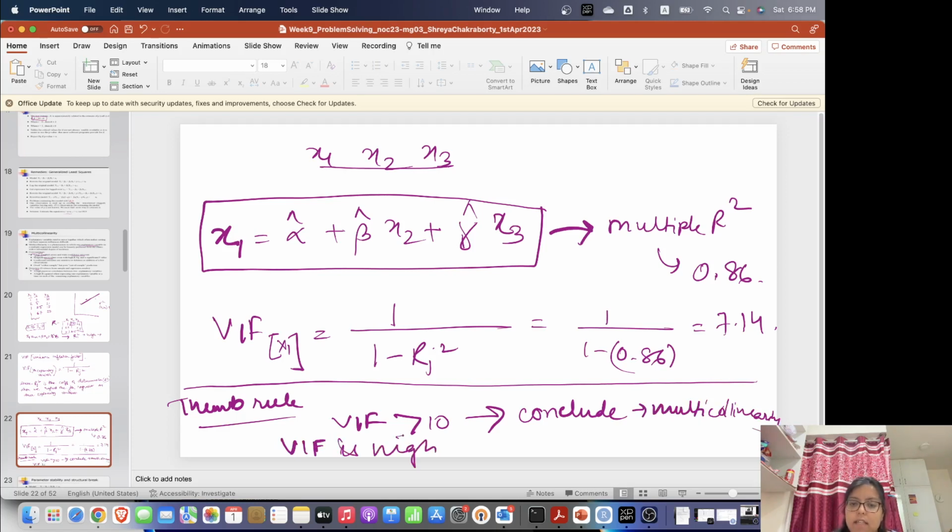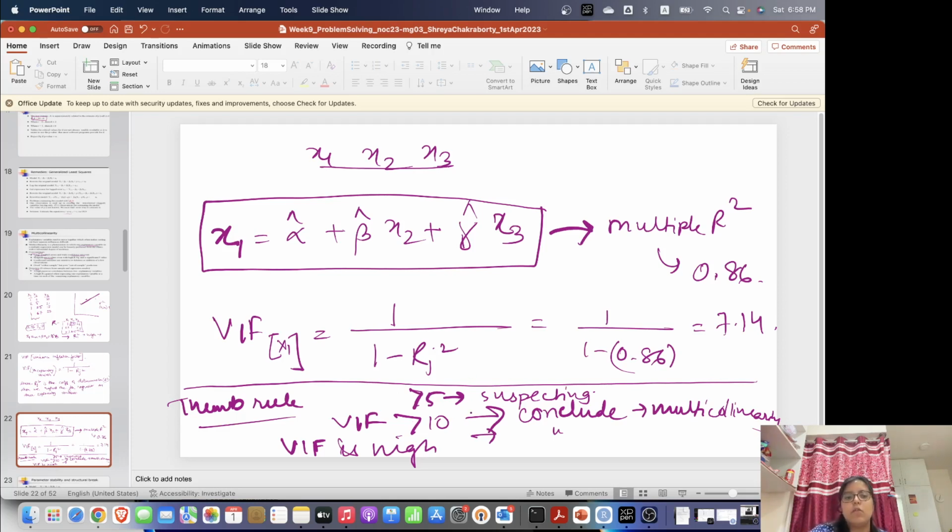If VIF is high, then we conclude multicollinearity. If it is greater than 5, then we start suspecting. These are subject to interpretation and how much threshold you want to take. The thing is, we don't want any variable in our model whose VIF is high.